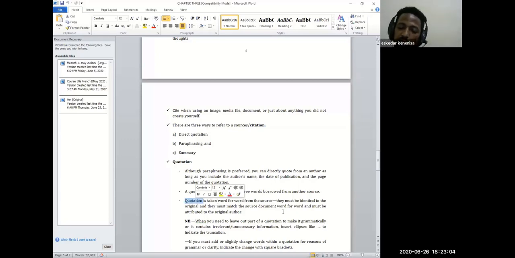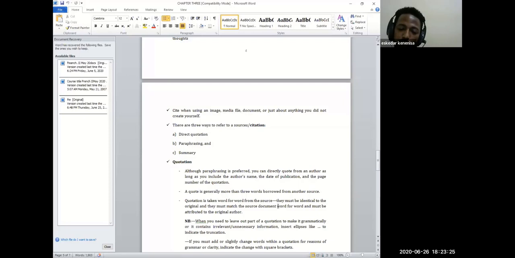The quotations have to be identical. See this one? Quotations should be identical to the original assertion of the writer, to the original language of the writer. They have to match the source.